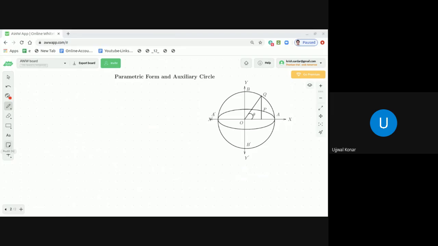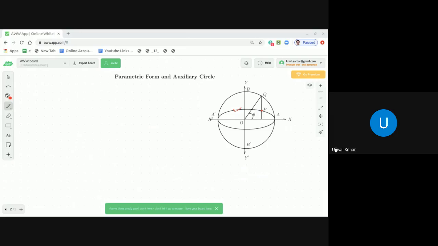Now, if you look at this ellipse, not the circle, the elliptic part, in that ellipse we are taking an arbitrary point P on that ellipse, and we define that point with a parameter called theta.